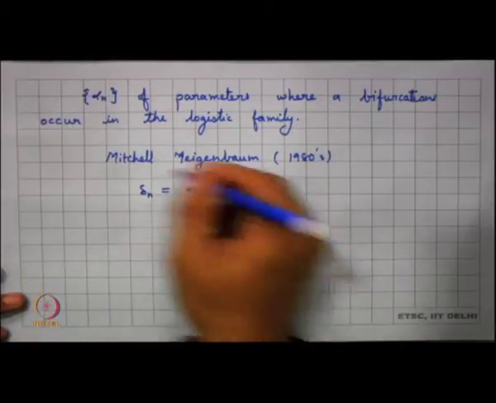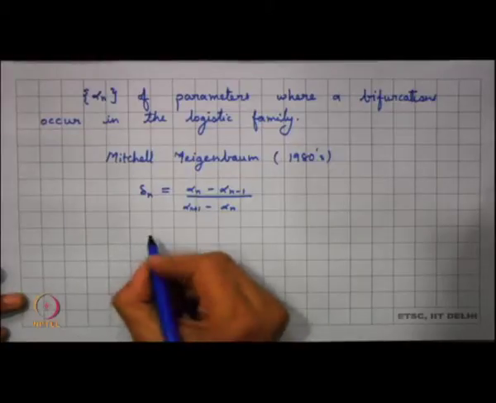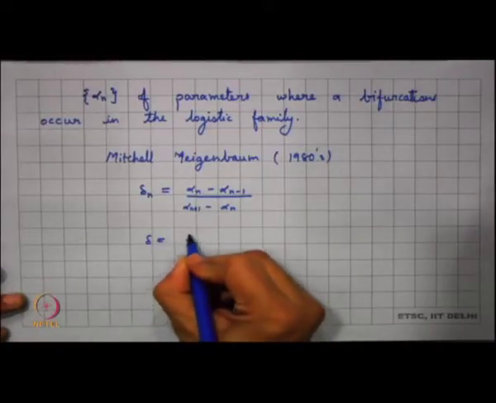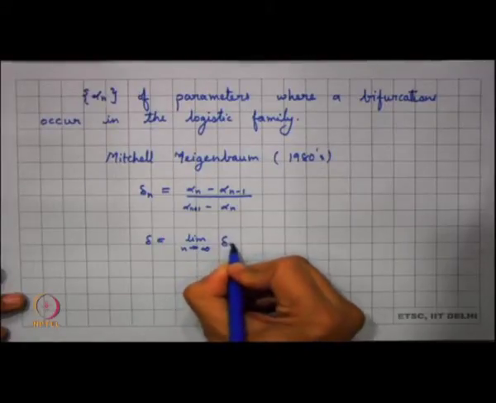So, you try to look into this particular ratio, let delta n be this ratio and let delta be the limit as n tends to infinity of this delta n.